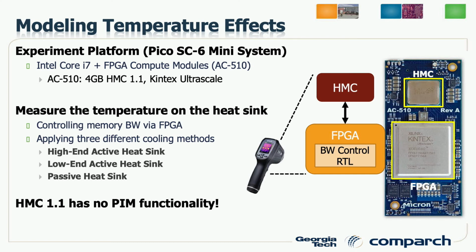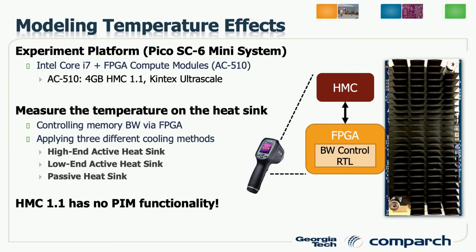First, we start from measuring the existing HMC, and by measuring the temperature, we model temperature behavior. This is a test board from Micron that has an HMC chip and a testing FPGA. Unfortunately, we have to measure the temperature on top of this heatsink, but then we model the heatsink so that we can estimate the thermal effect.